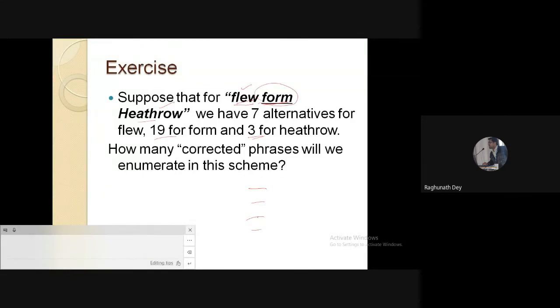So you just suggest that particular phrase instead of all the possible permutation combinations of all the phrases. You should suggest that particular phrase, because out of the 3 terms, 2 are matching properly in the same phrase entry. Only that one term is not matching. You can suggest that instead of this FORM, it may be FROM.